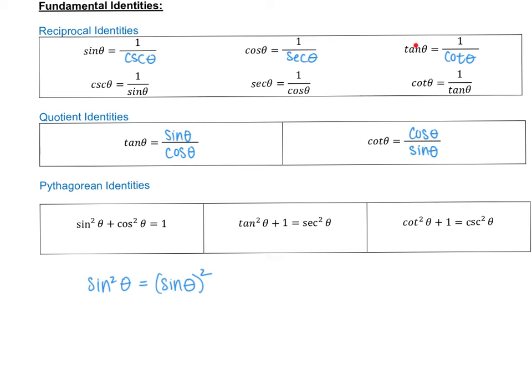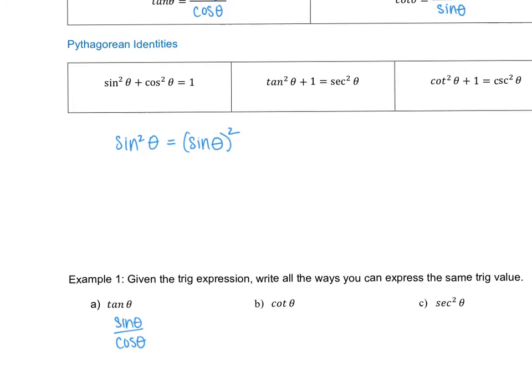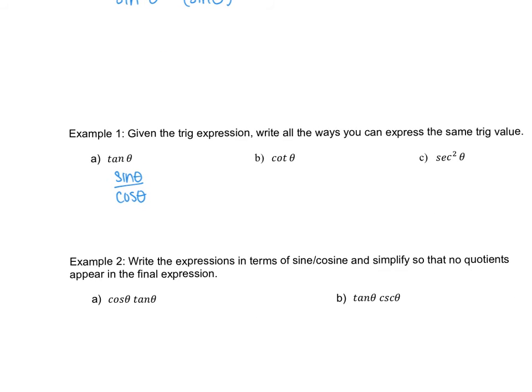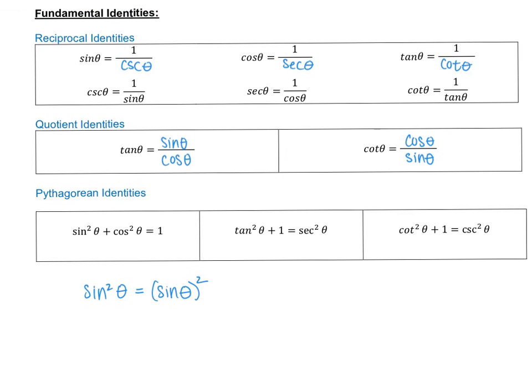Tangent can also be expressed as its reciprocal identity, which is 1 over cotangent. So I will write that down. 1 over cotangent is another way we can express tangent. And then let's see if we can find anything else. These are for cotangents. There's not a tangent in here. This one's tangent squared, so I can't use that. So I think that's it for now.